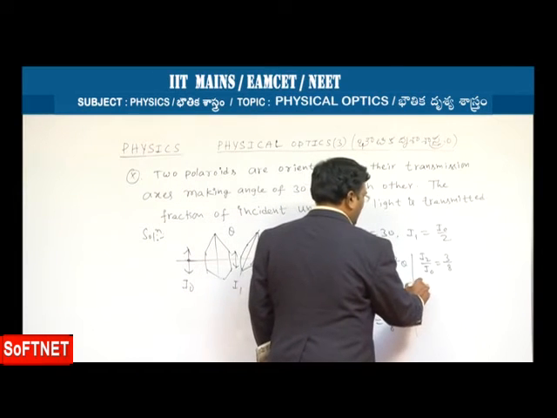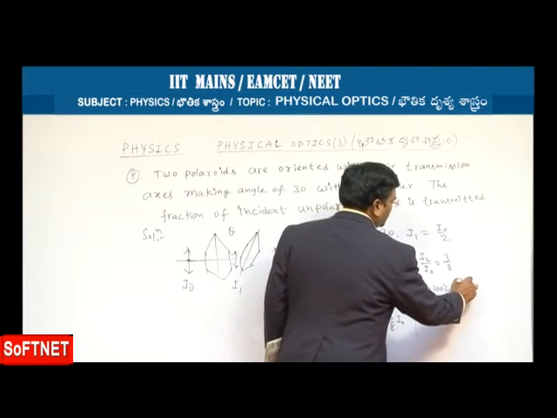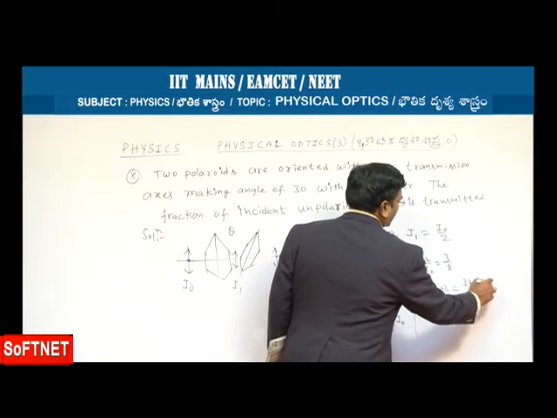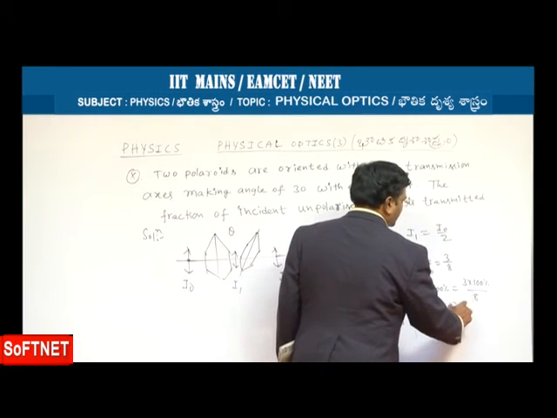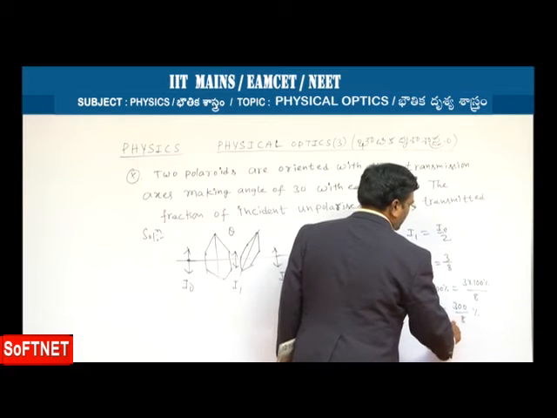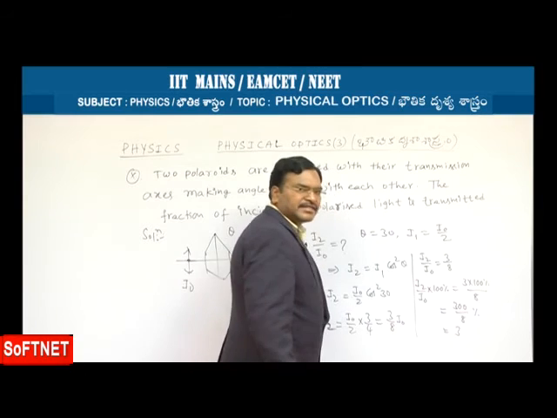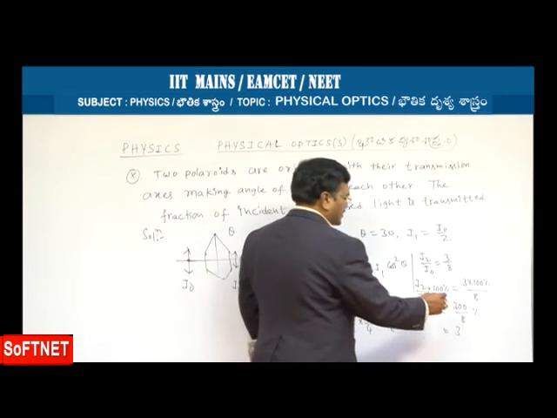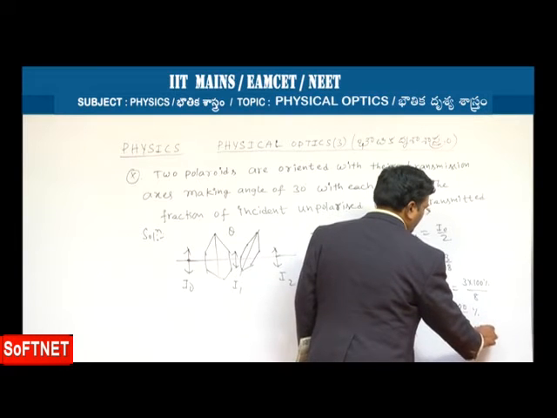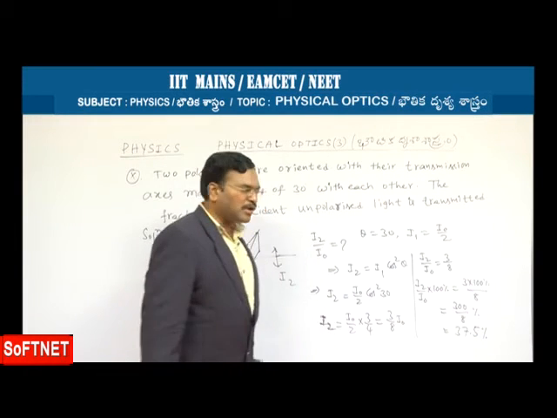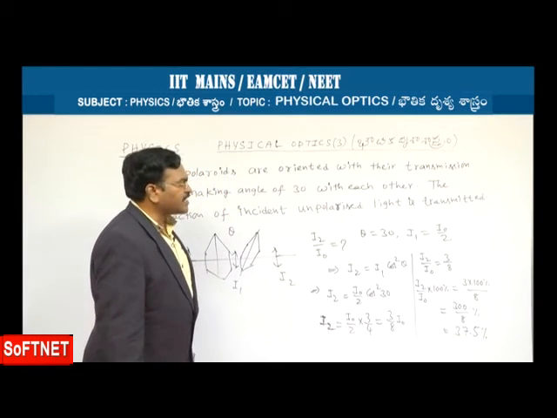I2 by I naught into 100% is equal to 3 into 100% by 8, which is 300 by 8. 8 3s are 24, remaining 60. 8 7s are 56, remainder 4. So it is 37.5%. Is it clear?